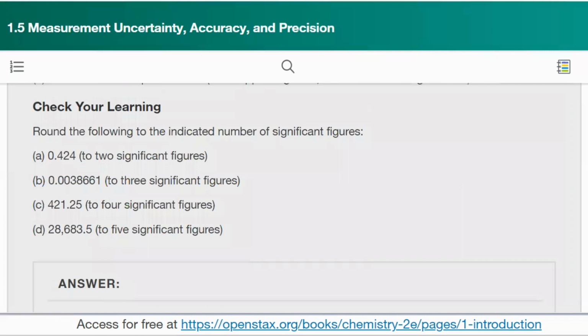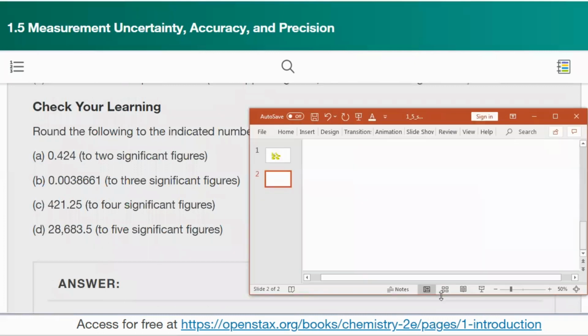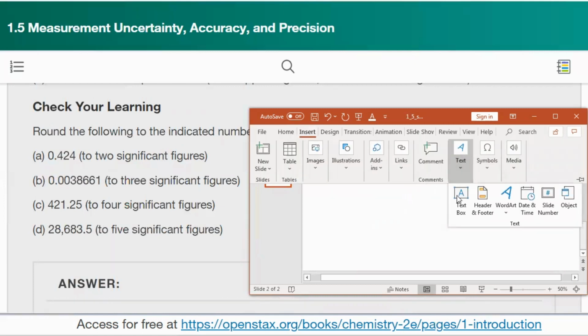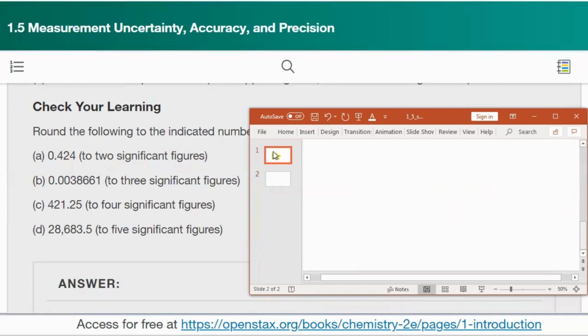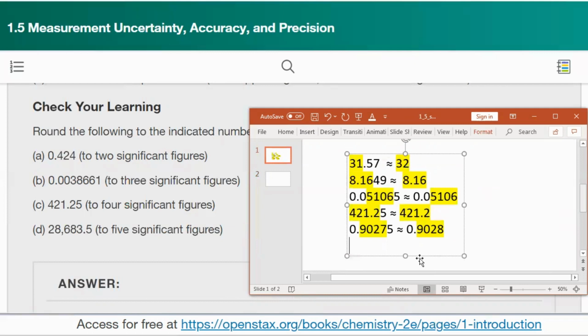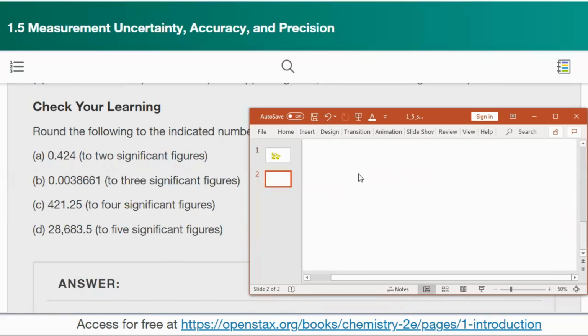I shouldn't show the answers by accident. They're there. I mean, there's no cheating here. Everything that I'm going through is available in OpenStax. So let me borrow a piece from here. So I'll just save that piece for later.